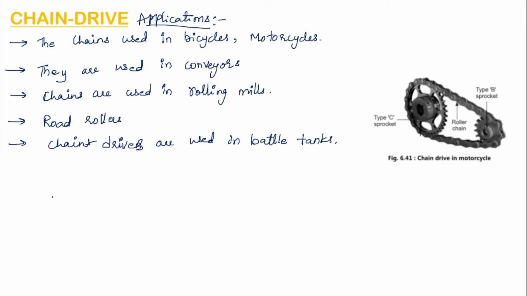So this is the domestic application of these chain drives. Here you can see there is a type C sprocket, there is a roller chain which is nothing but a number of links hinged together by means of a pin joint. And this is a type B sprocket, on which the chain is rolling over.